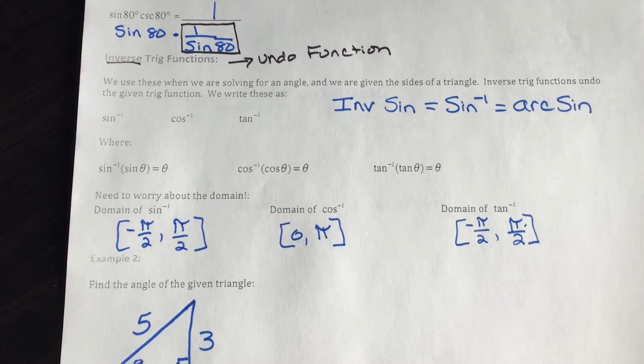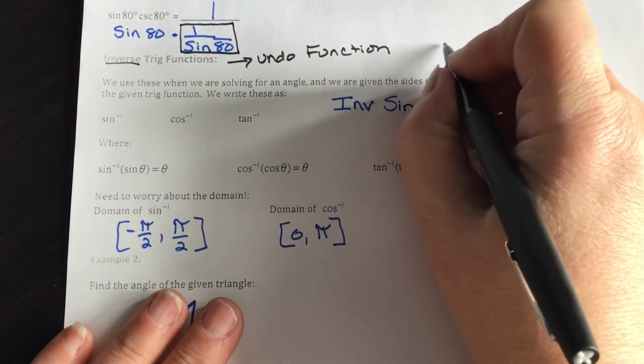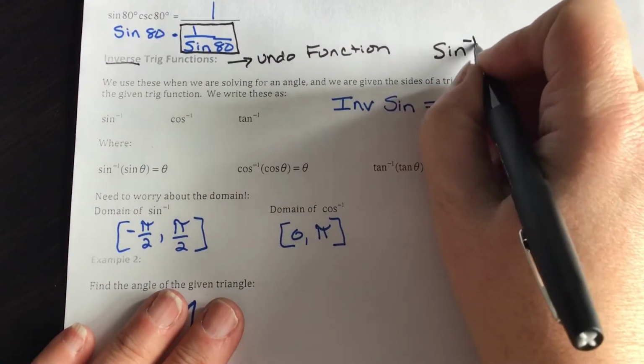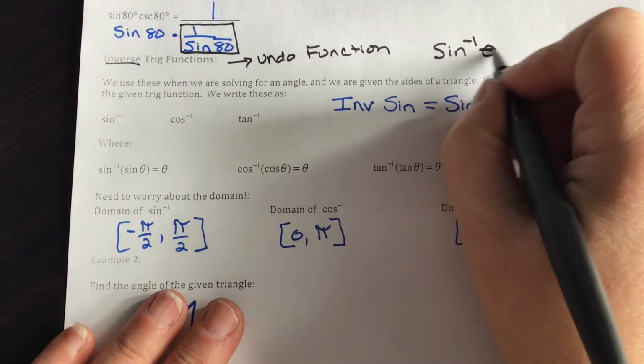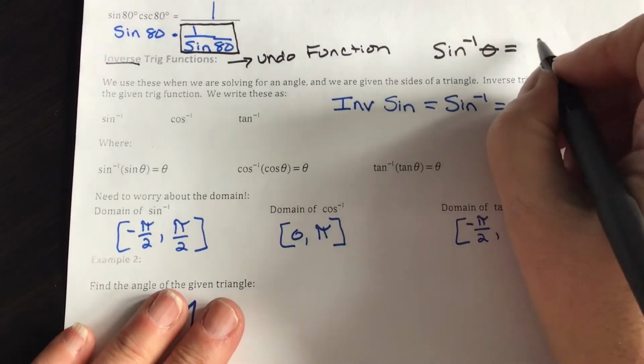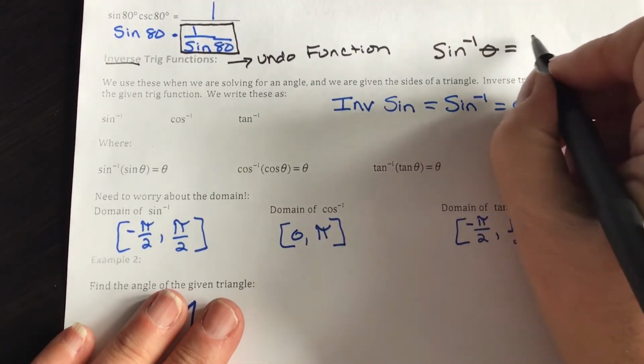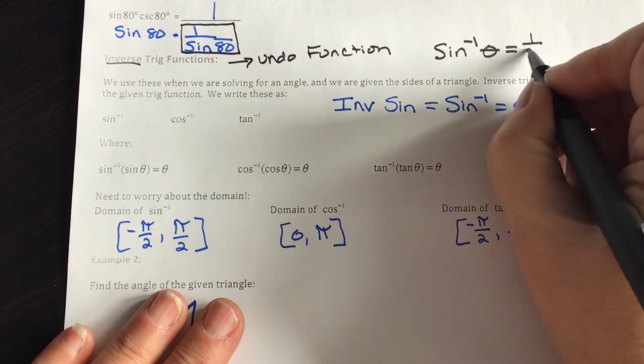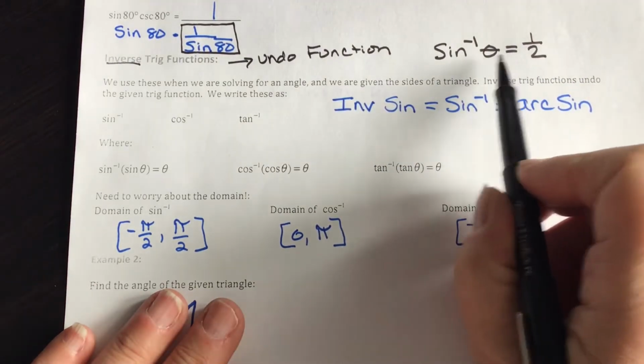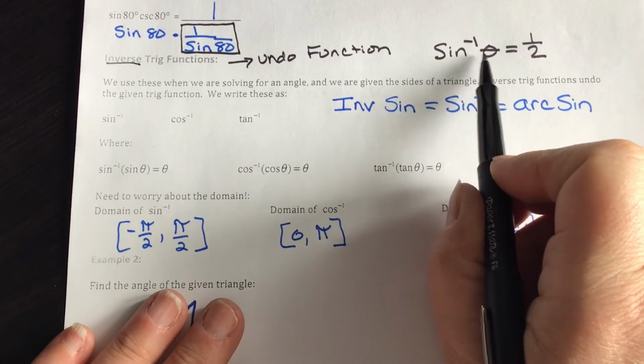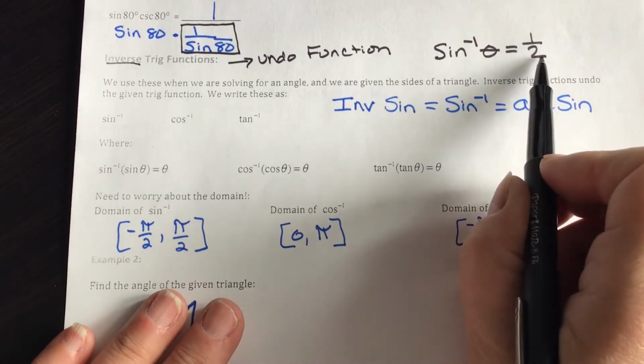So in the case of trig, if I have inverse sine of an angle, and I know what the sine of the angle is, let's say it's 1/2, I want to know what angle has a sine of 1/2.